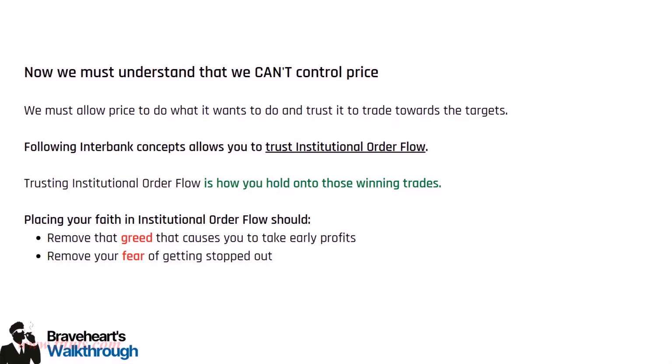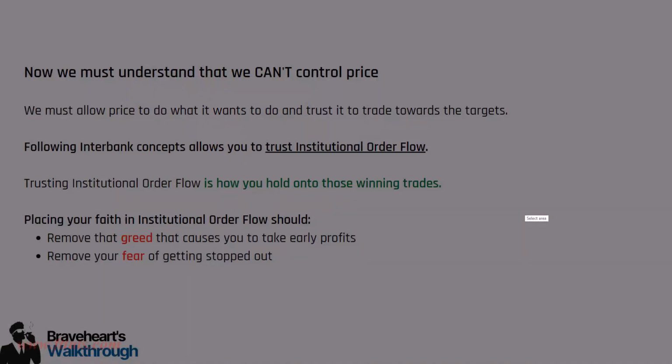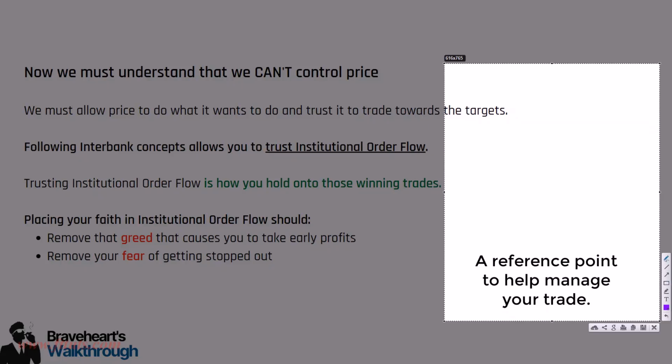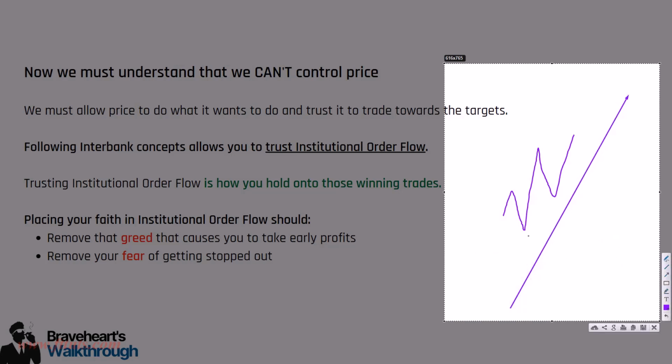And once you put your faith into that, you're using these swing points as essentially a call to action protocol. Let's say we have an intermediate term swing point here, and we're expecting this thing to trade higher. Okay. If that intermediate term swing point breaks, that's a call to action that, oh shit, institutional order flow is probably switching.